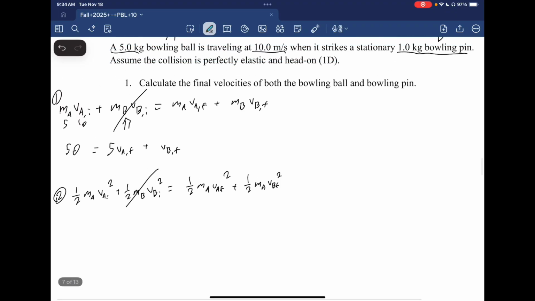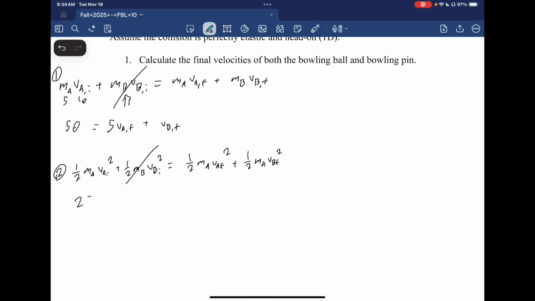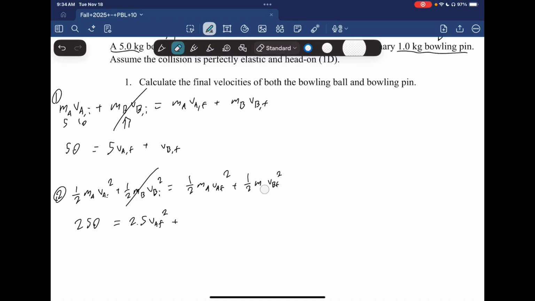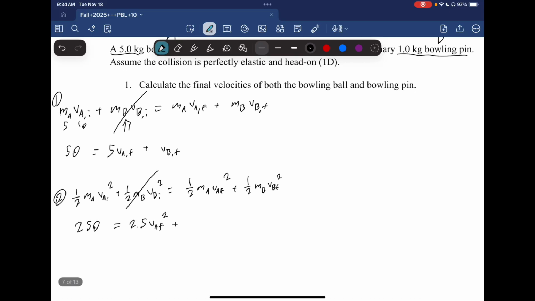The next one, we have 1/2 MA VAI squared, which if you plug in 5 kilograms for the mass and 10 meters per second for the velocity, you get 250. And then this equals 1/2 times 5 for the mass, so that's 2.5 VA final squared plus 1/2, and then the mass of B, the bowling pin, is just 1 kilogram.